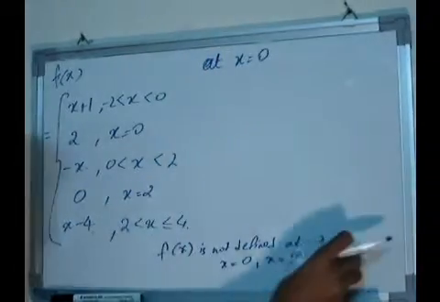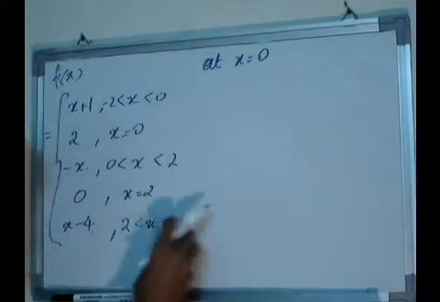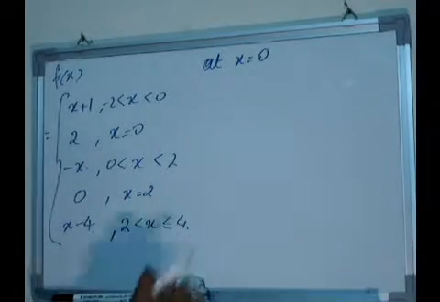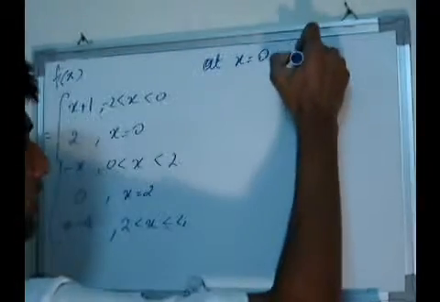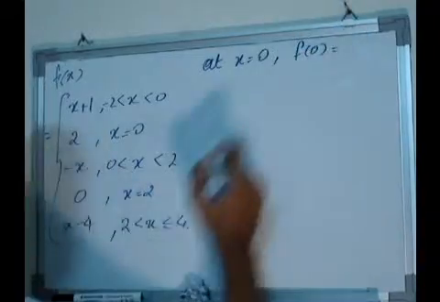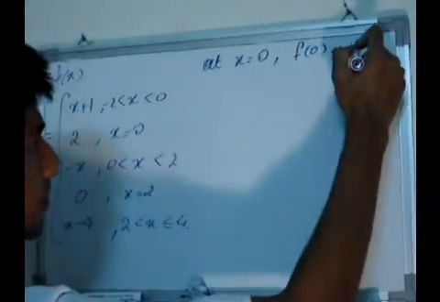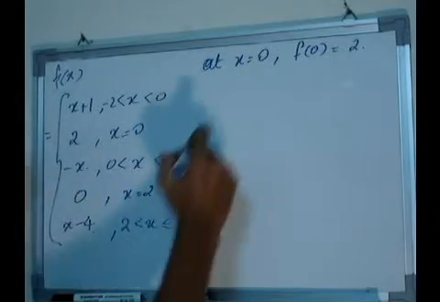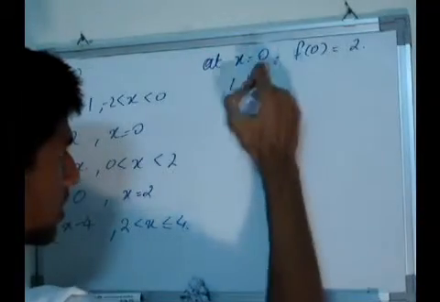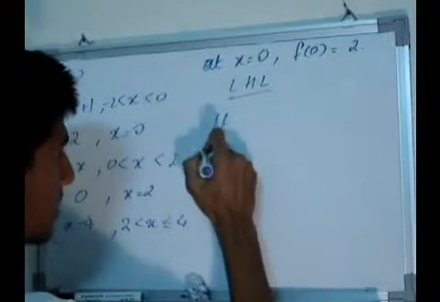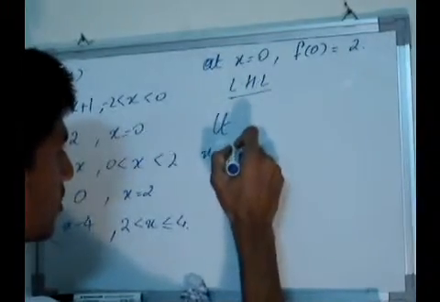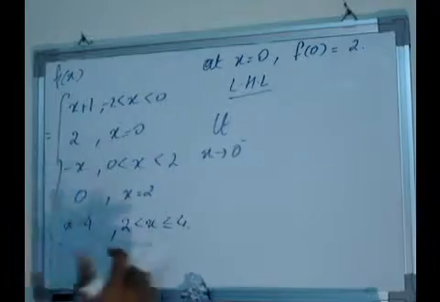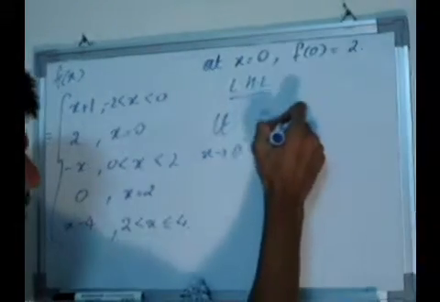At x equals 0, we know that the function is 2. Now let's check the left hand limit of the function. That is, the limit as x tends to 0 from the negative side, that means from the left hand side, of f of x.